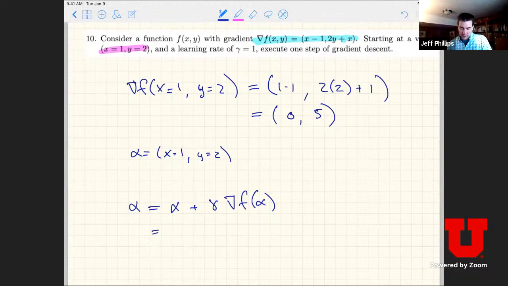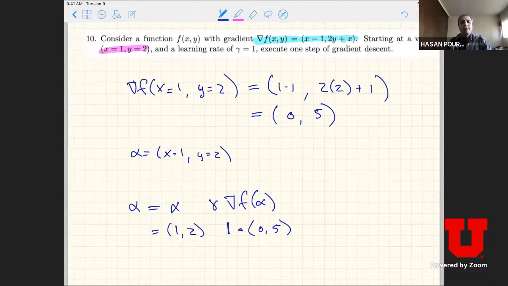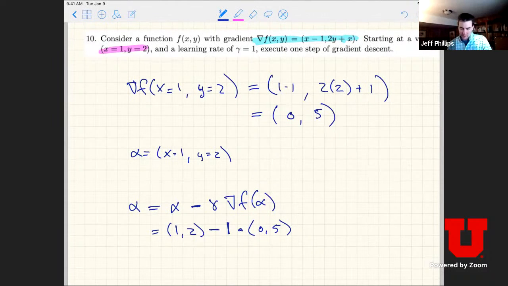So this is (1, 2) plus the learning rate times the gradient, which was (0, 5). Oh, not plus the gradient, minus the gradient here. It should be minus, since this is the value after the step.